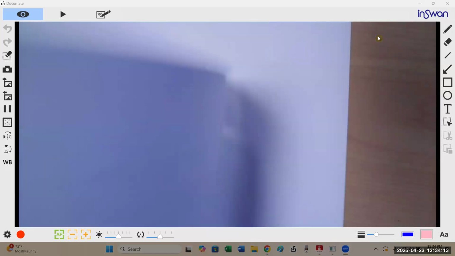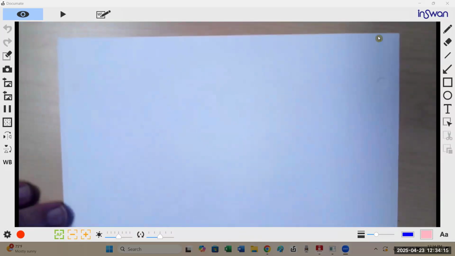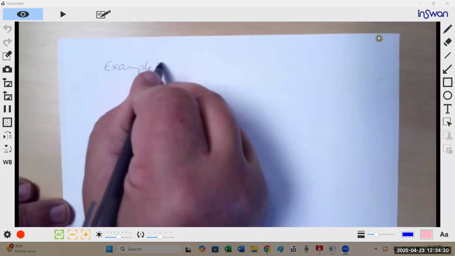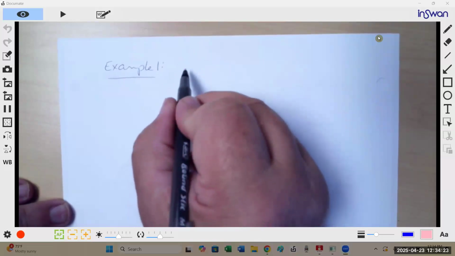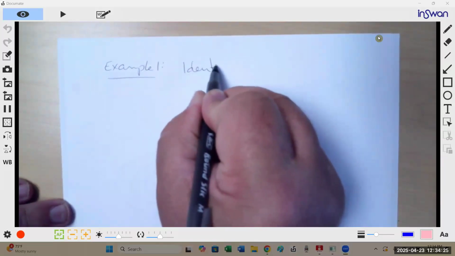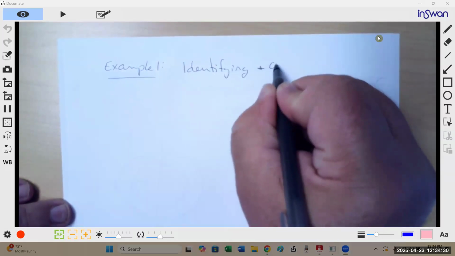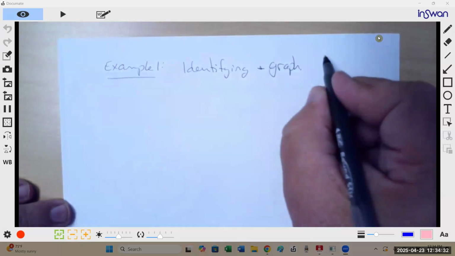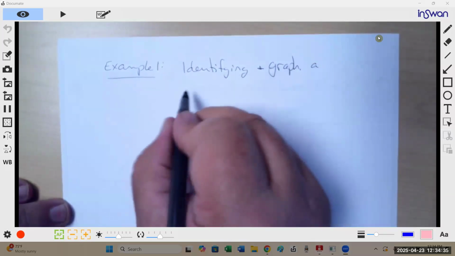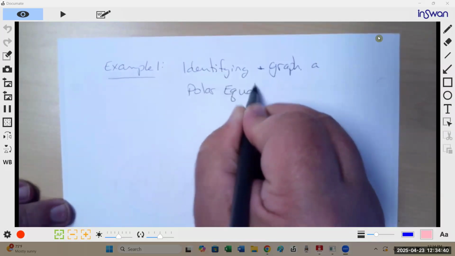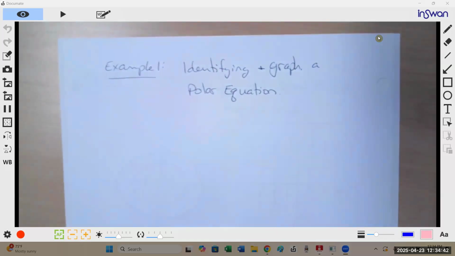Here's our first example. Identifying and graphing a polar equation. Also, in rectangular coordinate systems, when you graph it, it's just a dot.